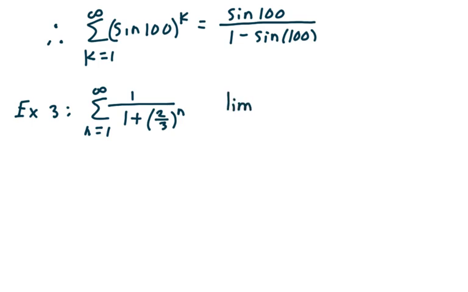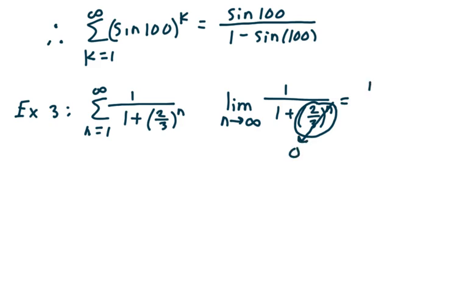Now, we're going to look at the limit as n goes to infinity of 1 over 1 plus (2/3)^n. Now, as n gets large, right, (2/3)^n goes to 0. And so this is 1 divided by 1 plus 0, which is equal to 1, which doesn't equal 0.